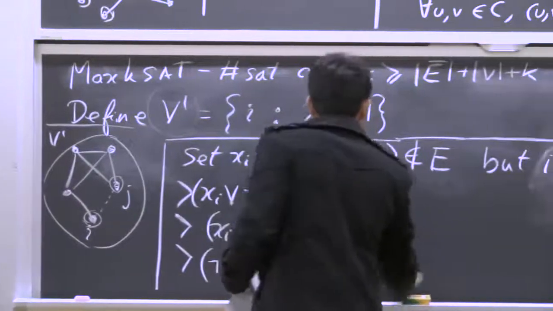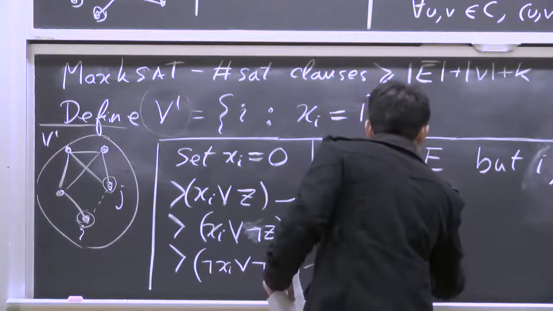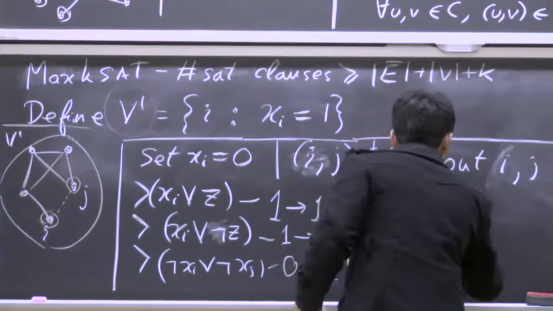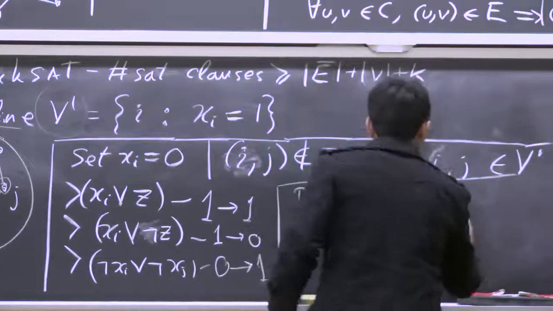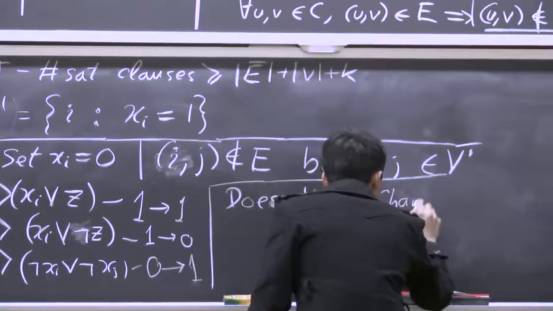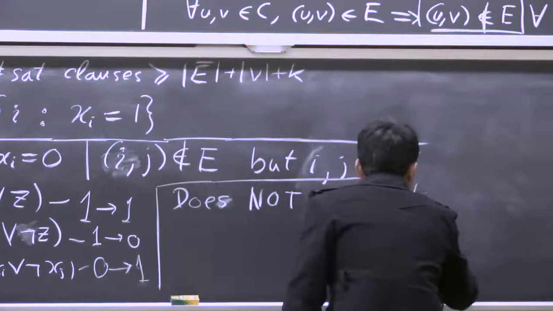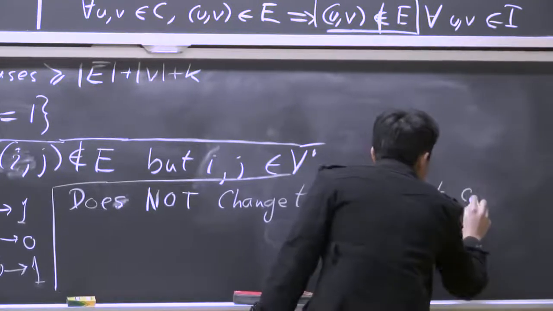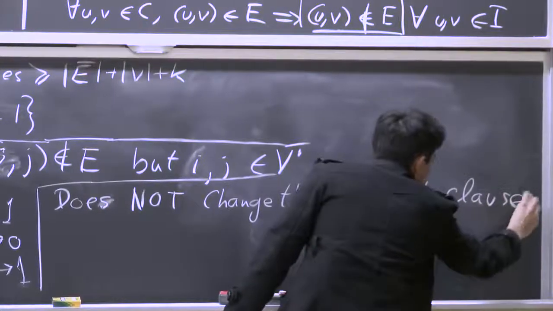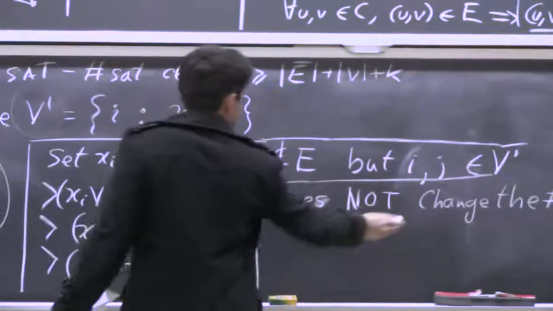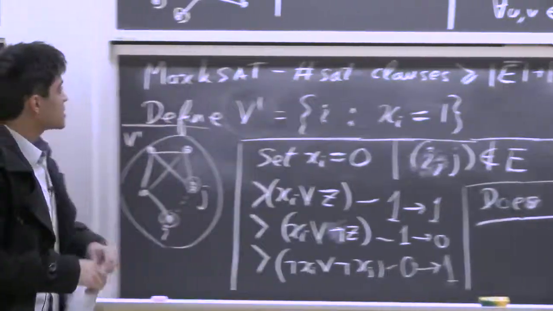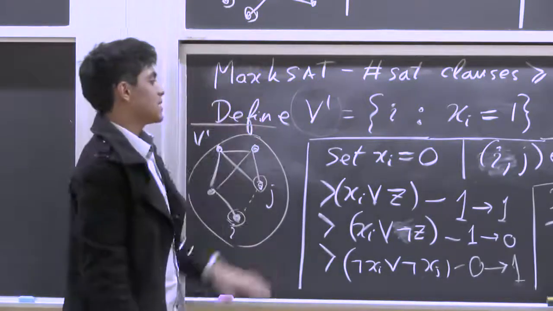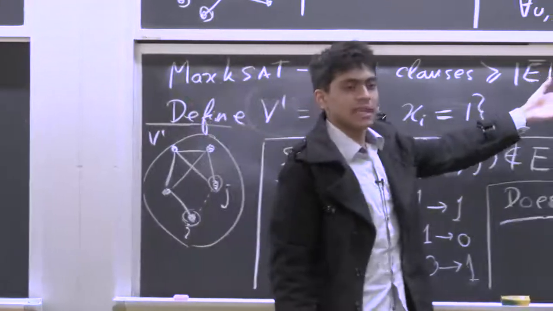So eventually it does not change the number of satisfied clauses. That's important. What we did is we started with some satisfying assignment that we assumed existed, and then we changed a variable, and it's still at least as many clauses being satisfied.